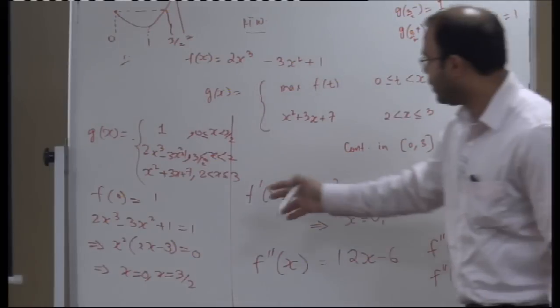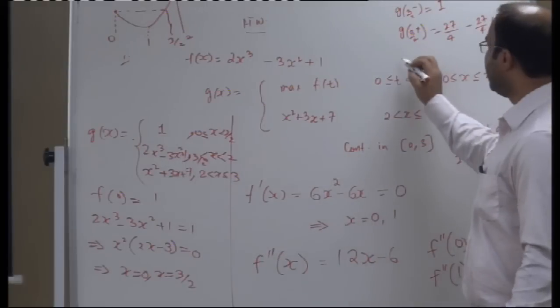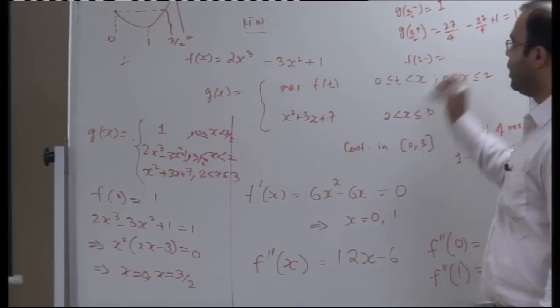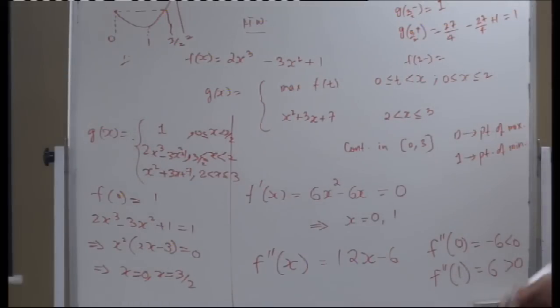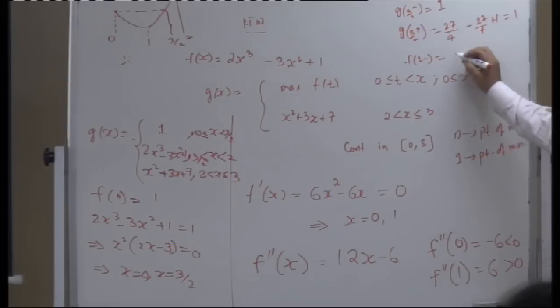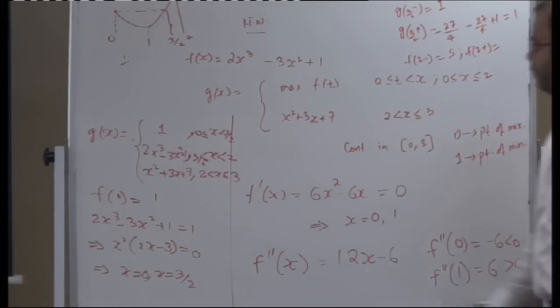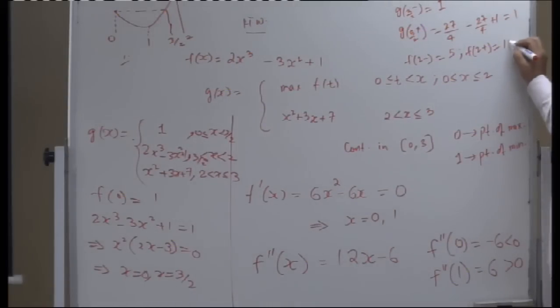But another point you have to check is 2. So f(2 minus): it would become 16 minus 12, 4, plus 1, 5. And f(2 plus), what do you get? You get 4 plus 7, 11, and plus 6, that would be 17.